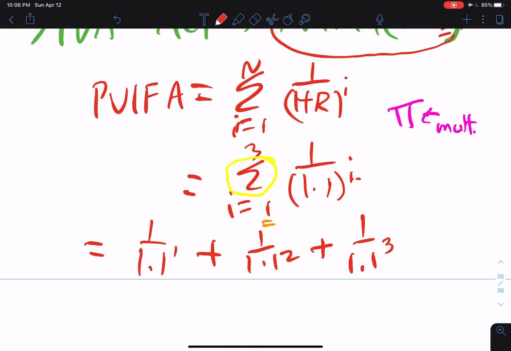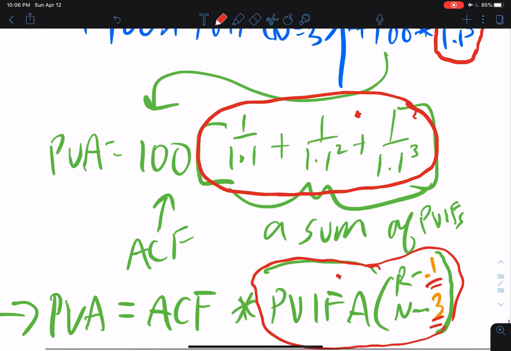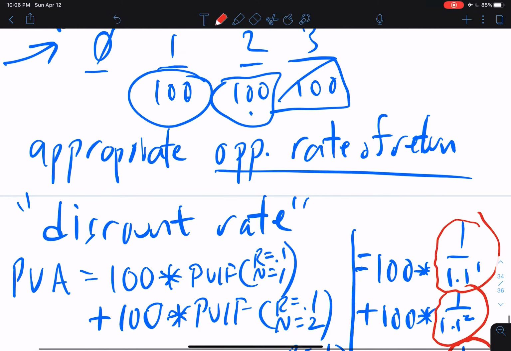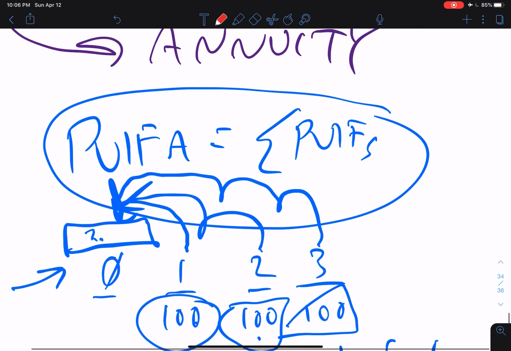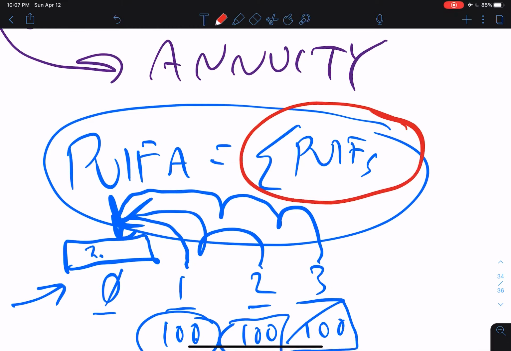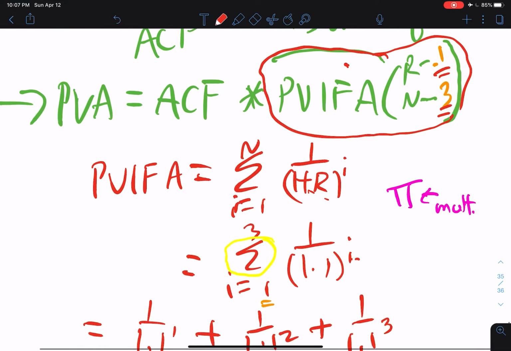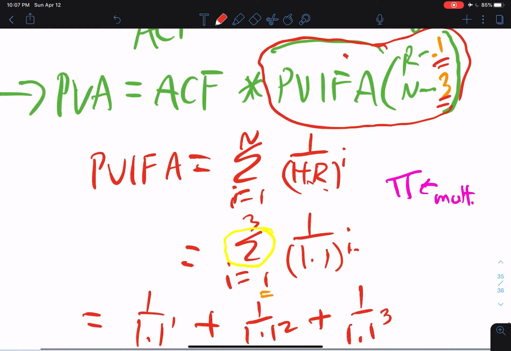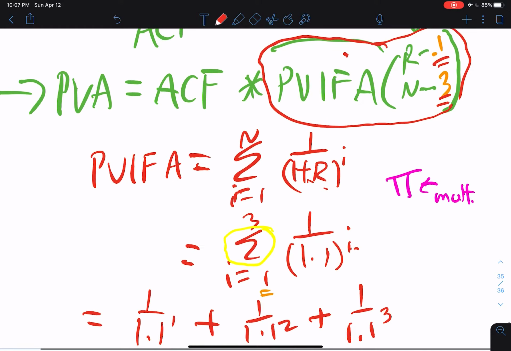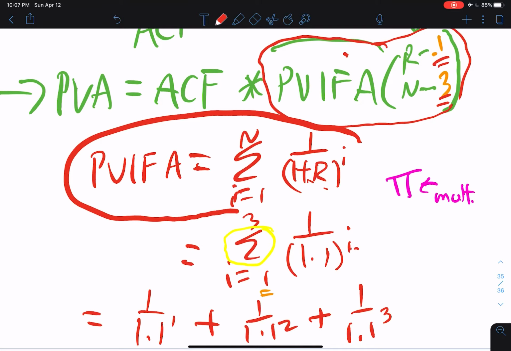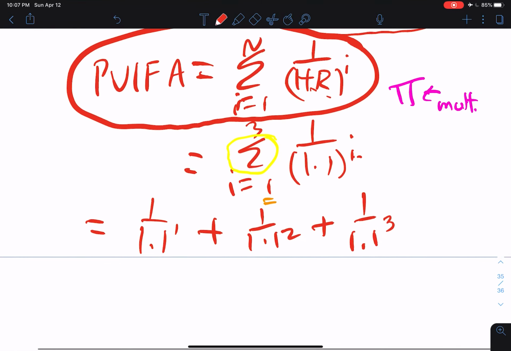And so that's another way of seeing what the PVIFA is, a sum of PVIFs, but not just the general notational observation from back here, but now more specific. It's this. This is what the PVIFA is. And there's our example.